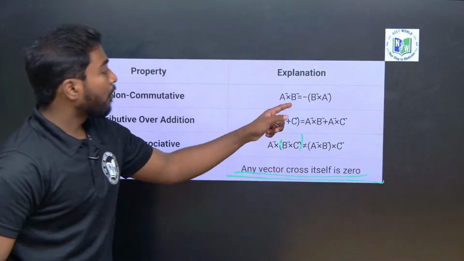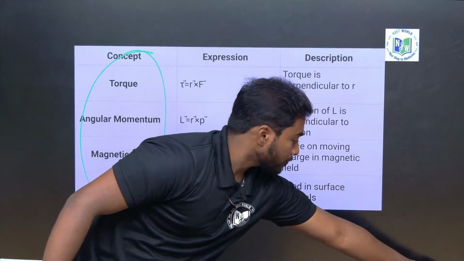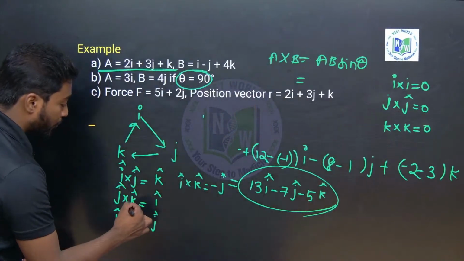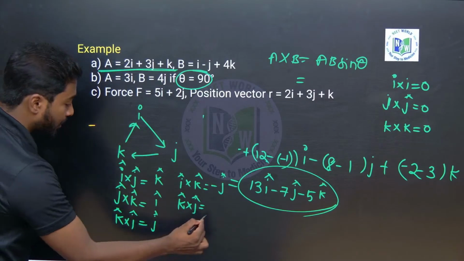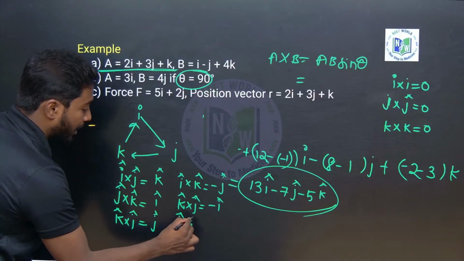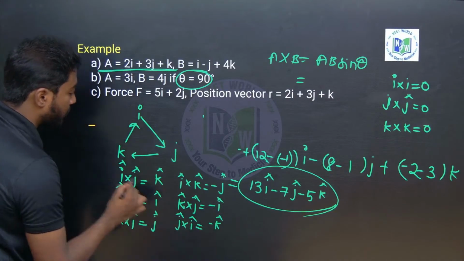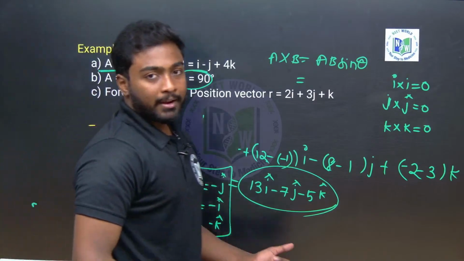See, a cross b is equal to minus of b cross a. So if I write k cross j is equal to minus i cap, j cross i cap is equal to minus k cap. This is the formula you should keep in mind.